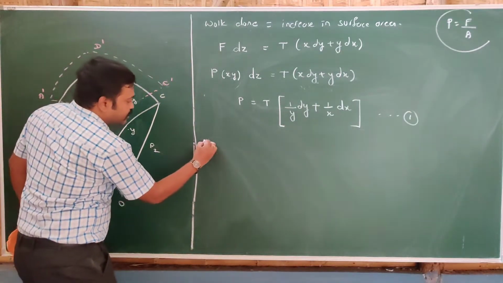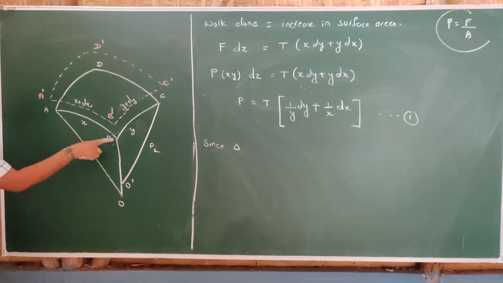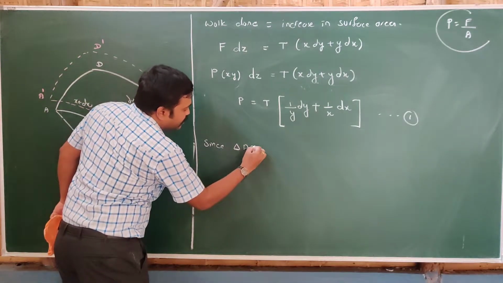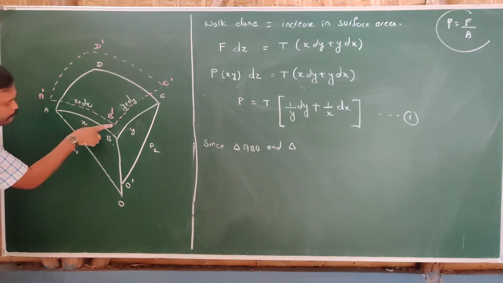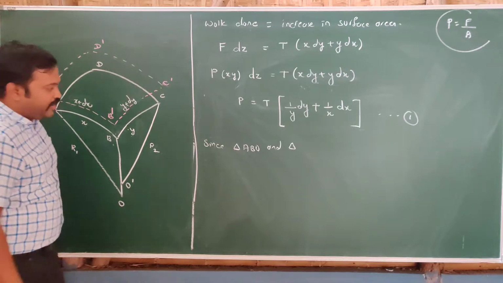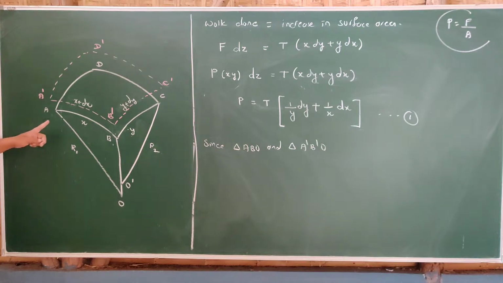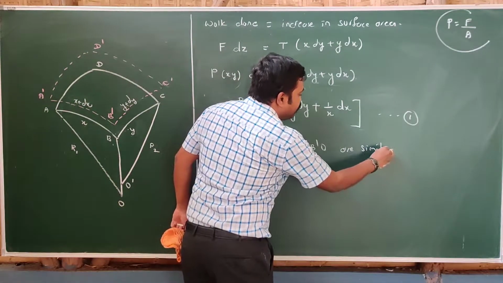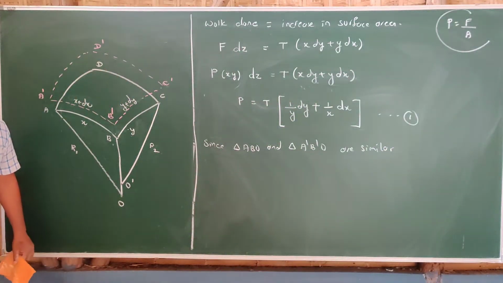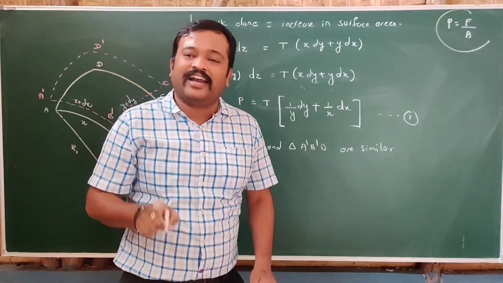So the first triangle I am considering is ABO, and another triangle here is A dash B dash O. Since these two triangles are similar, we know the ratio of corresponding sides are equal.